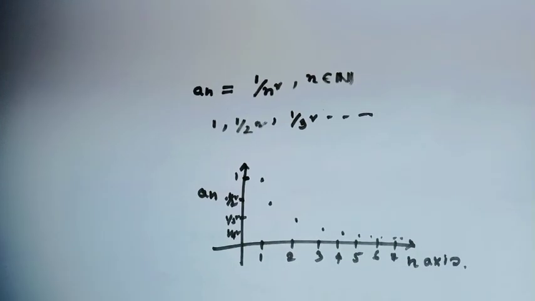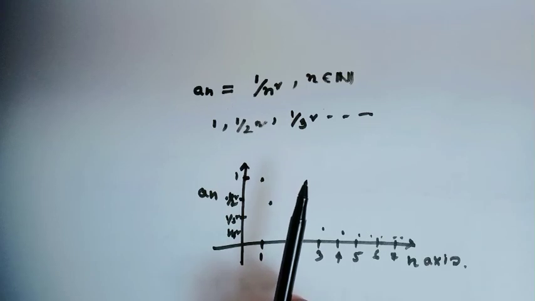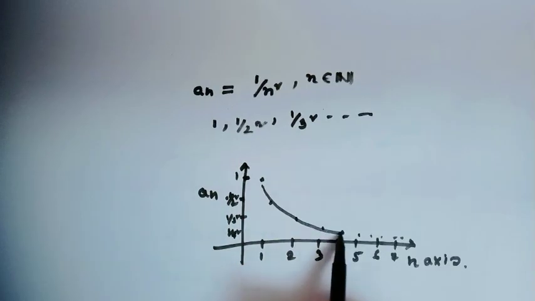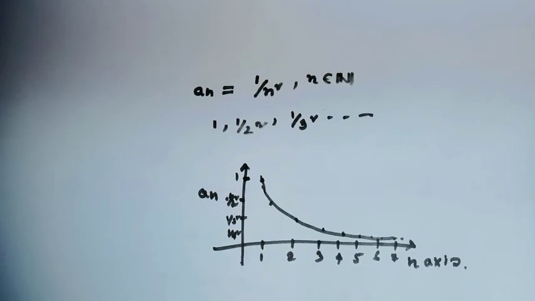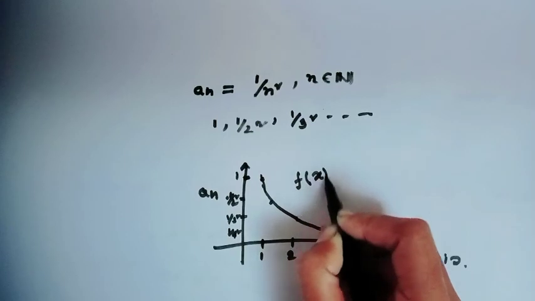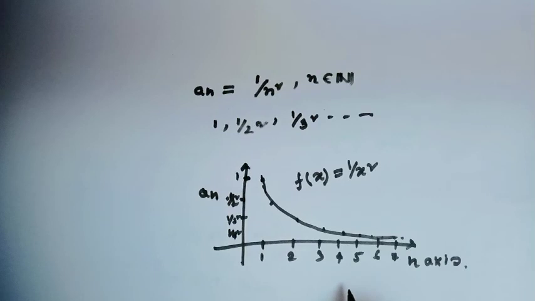This is a picture of the sequence 1 over n square. If we connect them, then this would be the function f of x equal to 1 over x square, and this would be just the x axis.